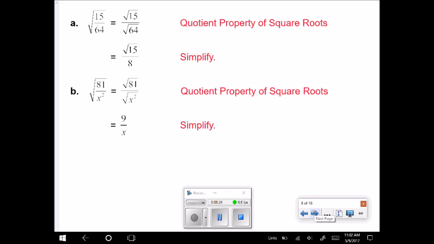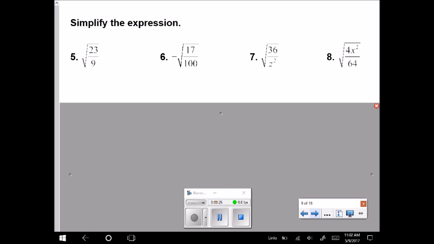So a few more examples here. So we're just separating it out, square root of 23 over the square root of 9, which would give us the square root of 23 over 3. And then we have the opposite again. So we have the square root of 17 over the square root of 100. So the square root of 17 over 10.